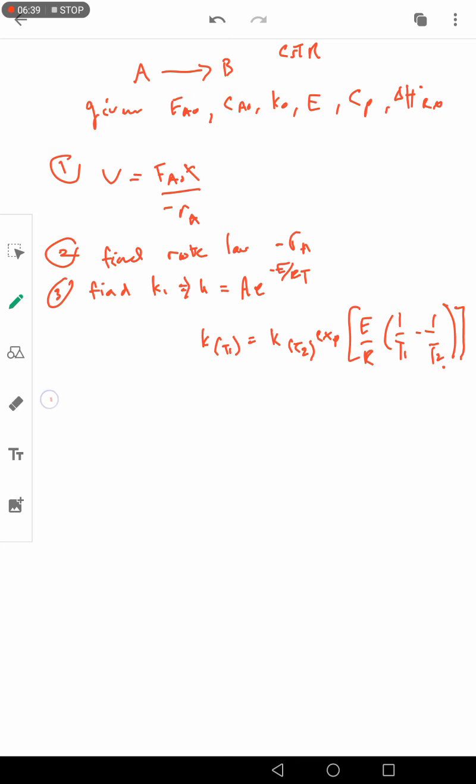Lepas tu you boleh cari you punya stoichiometric, sebab stoichiometric ni nanti nak masuk dalam rate law. Dalam contoh sebelum ni saya cari stoichiometric dulu baru cari nilai rate constant.